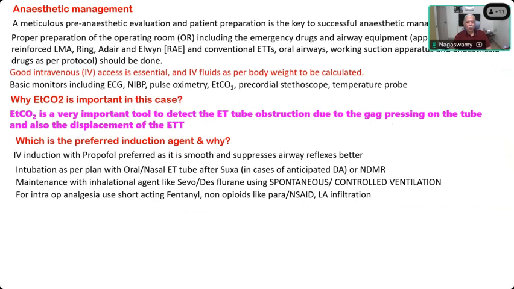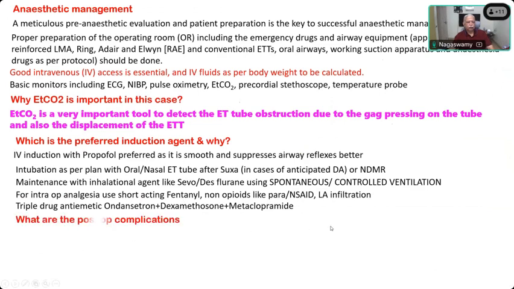The palatine block: palatopharyngeal, palatoglossal. These are the two nerves. Okay, so remember that. The triple drug antiemetic, ondansetron, dexamethasone, metoclopramide, is very important for preventing post-op nausea and vomiting.